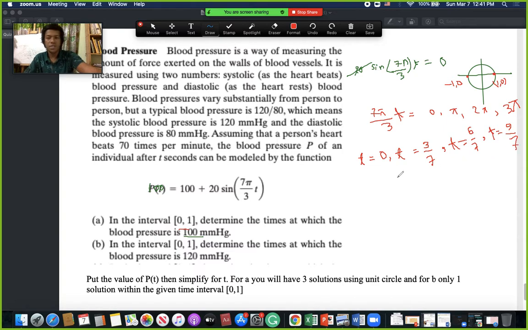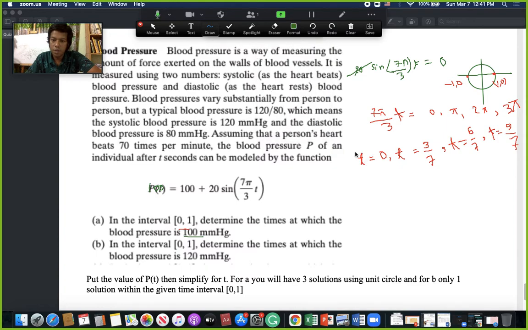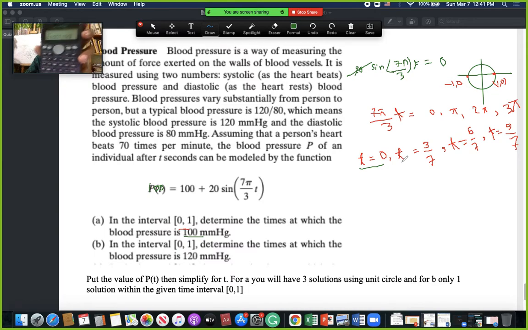Now see, as I said, this is one answer because it is t equal to 0. Then this is 3 by 7, 3 divided by 7. This means 0.42 or 0.43. So this is also one answer, 0.43. Let me write it so that I can connect it with the condition.